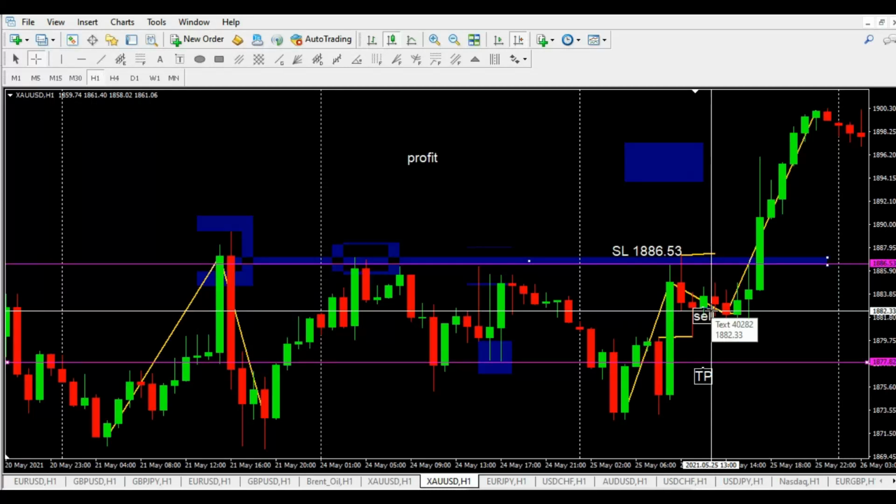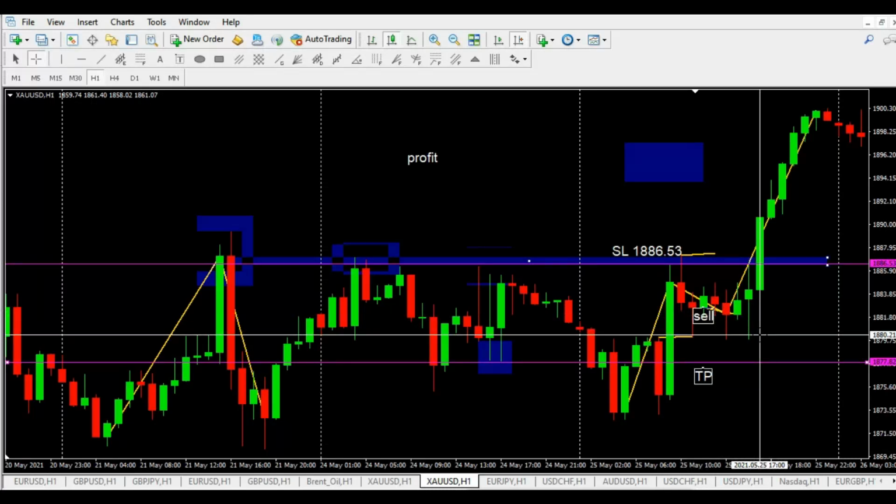So I always recommend to our students: don't take profit too wide, too far from our position. Look at the support and resistance nearest to the running price.